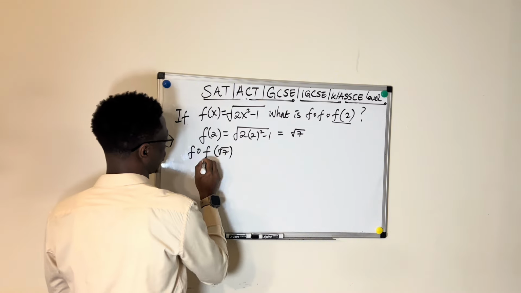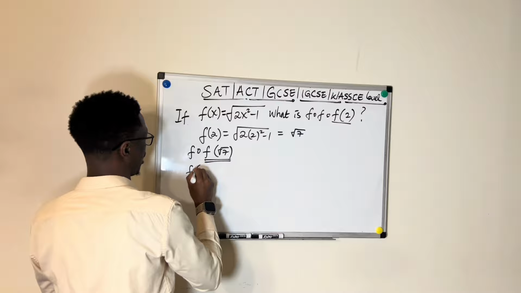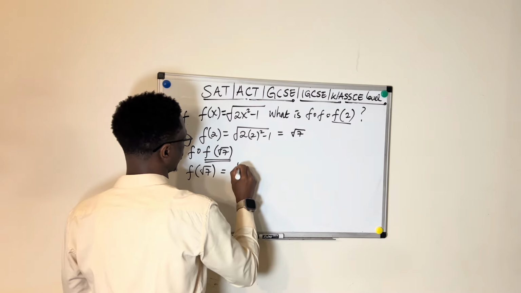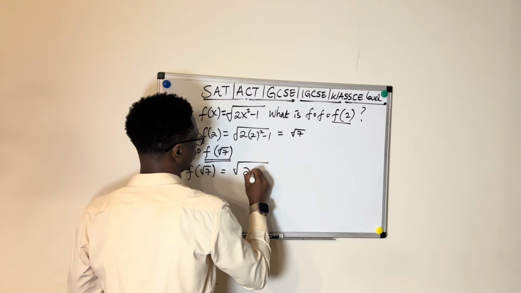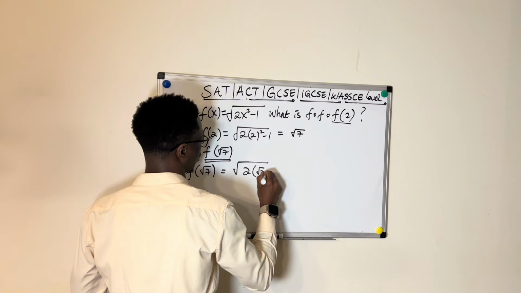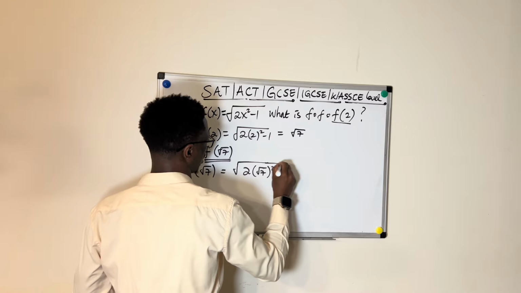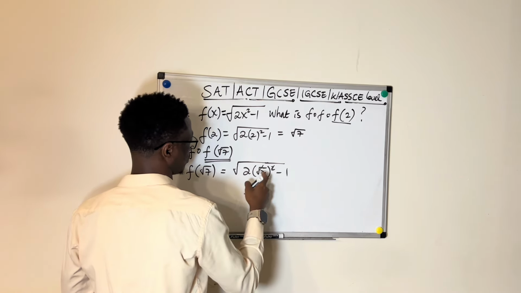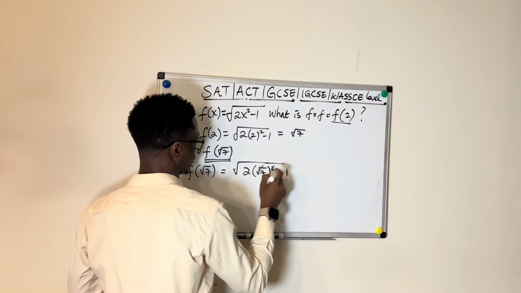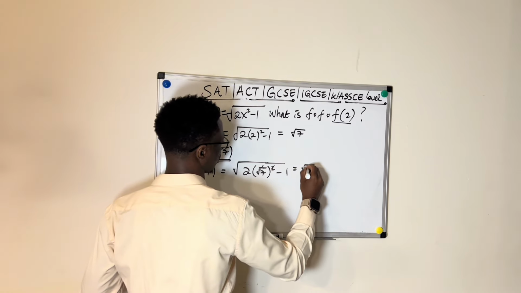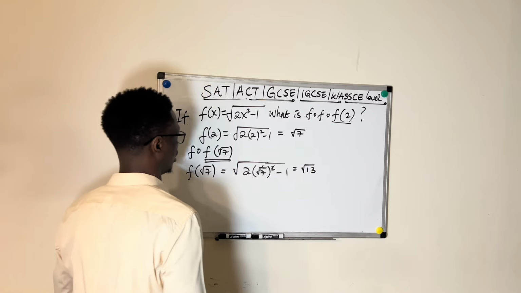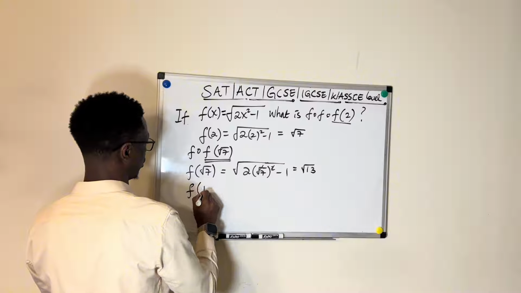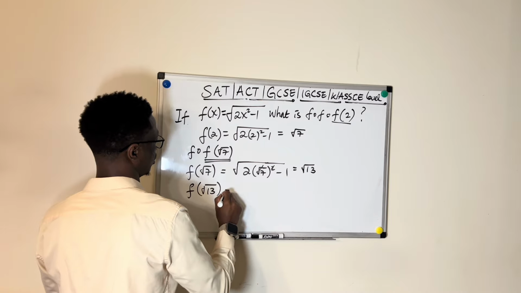Now let's solve for this one. My f of root 7 is equal to root of 2 into root 7 all squared minus 1. The square and the root cancel. 2 times 7 is 14, and 14 minus 1 gives you 13. So this becomes root 13. Now you are just left with f of root 13.